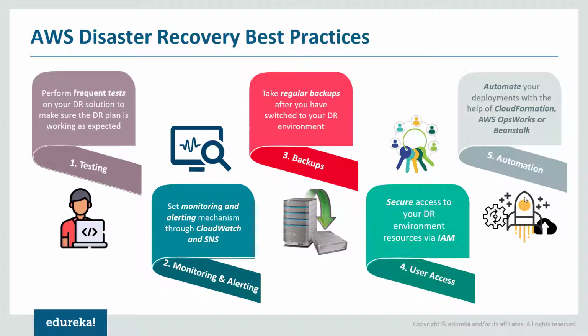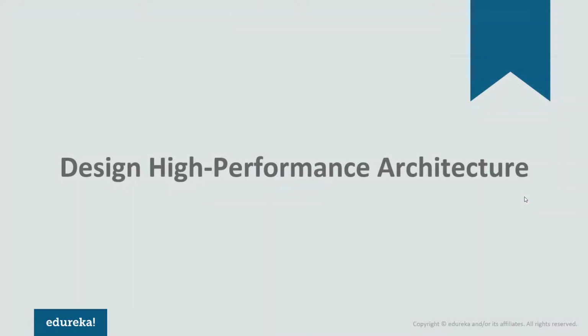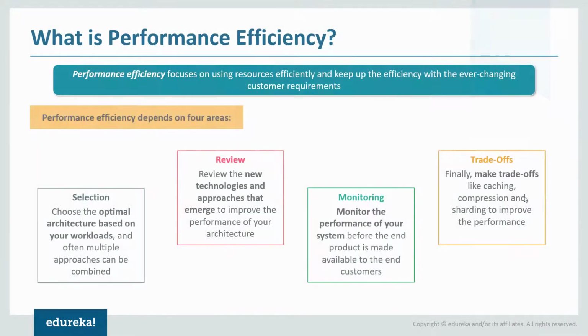Let us talk about how to design high performance architectures. Performance efficiency is a concept that has to be considered when designing your applications. So typically performance efficiency depends upon 4 different areas or factors. The first one is right selection.